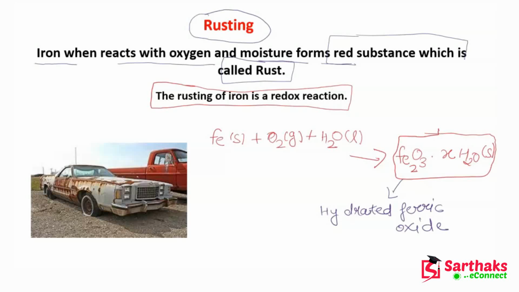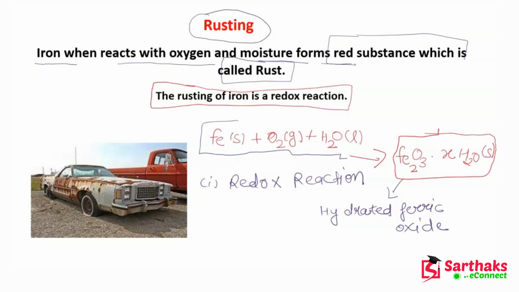You also have to remember that this reaction where the rust is being formed is a redox reaction, because oxidation and reduction both are taking place simultaneously. So that's why it is an example of a redox reaction.